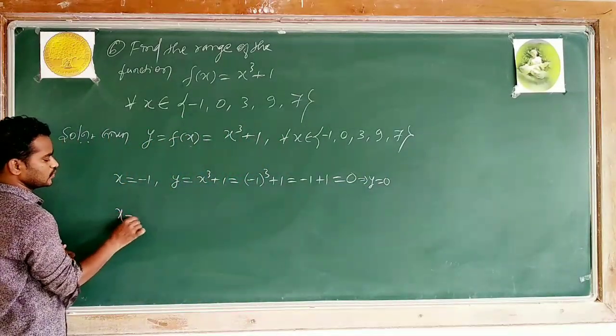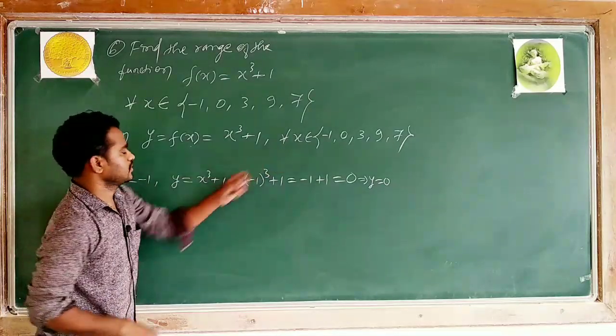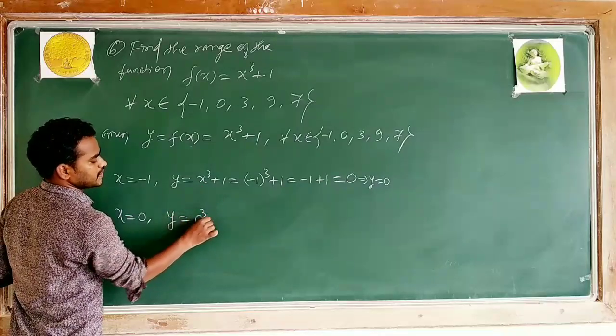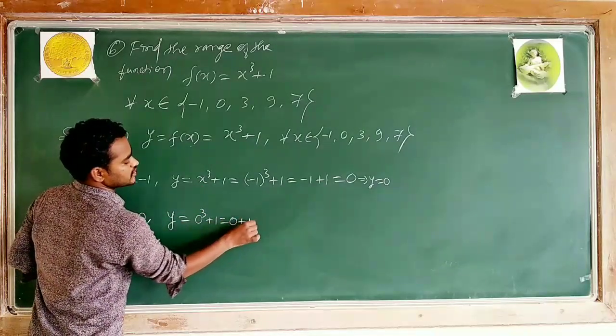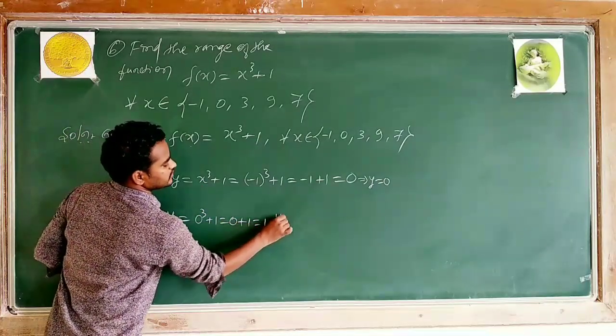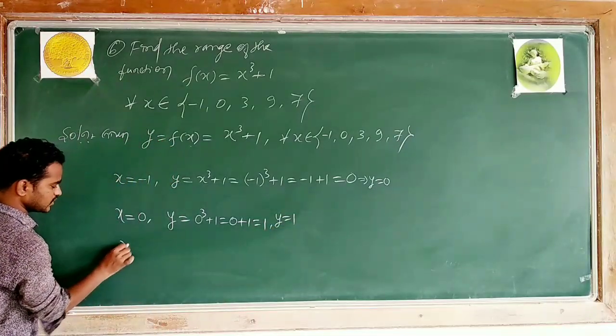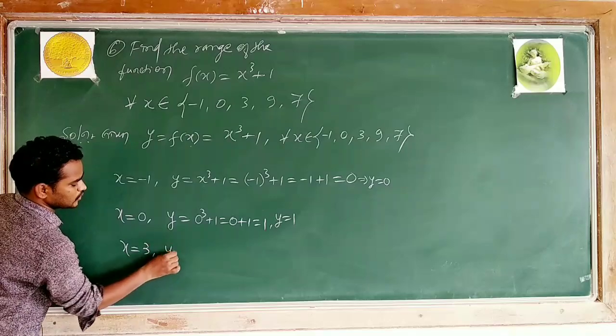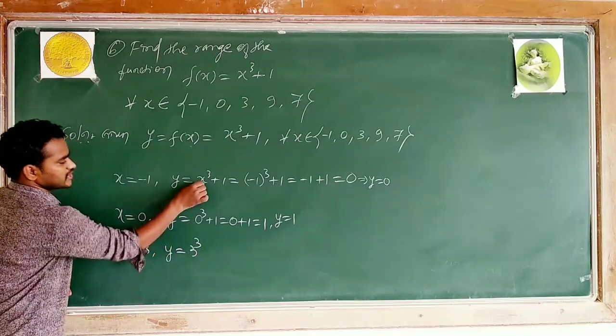If x is equal to 0, second value, y is equal to 0 cube plus 1. 0 cube is 0. 0 plus 1 is 1. What is the y value? Y value 1. When x is equal to 3, y is equal to 3 cube plus 1, because x is 3.